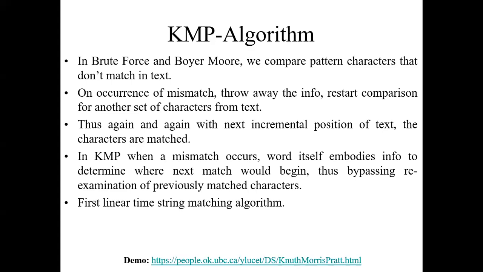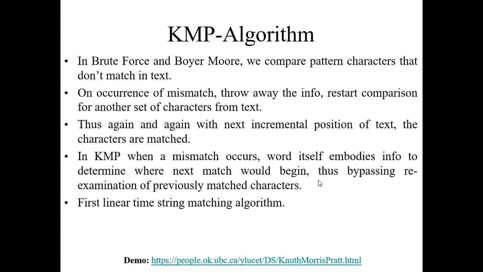So in brute force and Boyle-Moore, we were comparing mismatch character, right? And whenever there is a mismatch, we throw away the information and we were always restarting the comparison for another set of characters. In KMP, जो mismatch जहां पर होगा, that will be carrying some extra information that will bypass previously matched characters. मतलब कि कुछ characters अभी तक अगर match हो रहे थे in both of these algorithms, Boyle-Moore and brute force, I would have done these set of comparisons again.